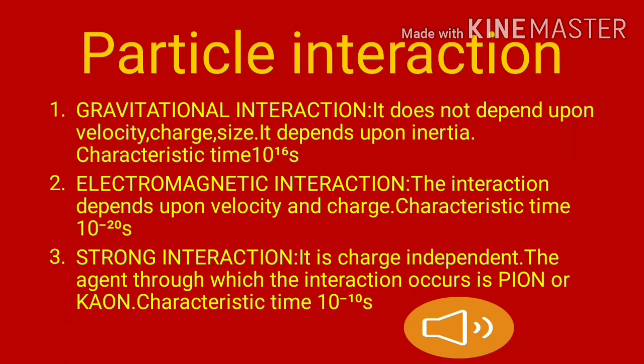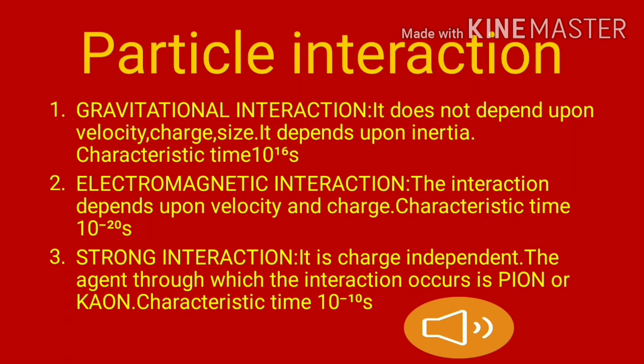Four types of interactions are used for elementary particles. They are gravitational interaction, electromagnetic interaction, strong interaction, and weak interaction. Gravitational interaction depends on inertia. Electromagnetic interaction depends on velocity.